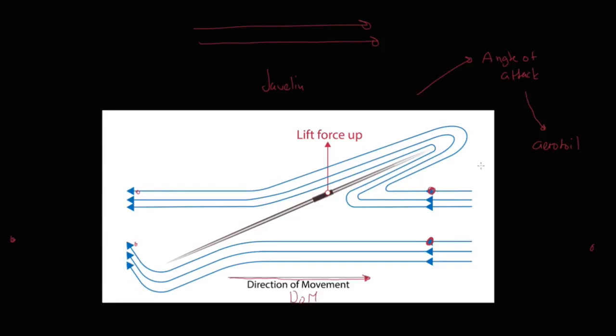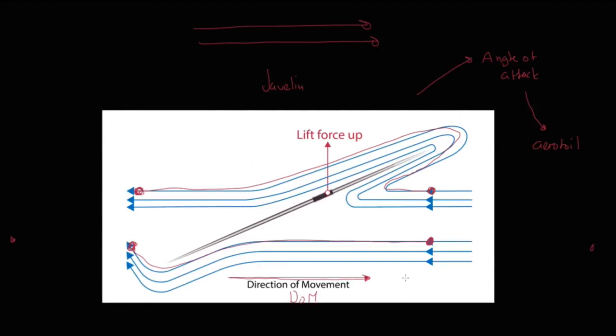But in order for it to do that, the javelin has got to push them out of the way and get them around the sides of the javelin. And this is how it works. This one here is going to arc up and over the javelin, and it's going to end up at this point here. Now look at the path that it has followed. It's actually travelled quite a long way. This one here has travelled much less distance to get to this point.